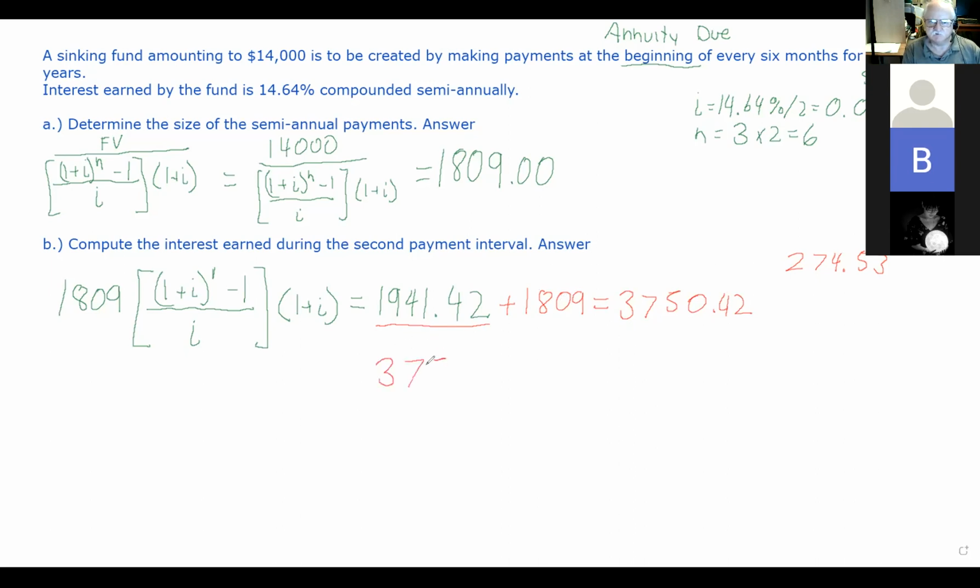So 3750.42 times I. And there's how they come up with 274.53. So being at the beginning of the payment period changes our calculation drastically because they get the interest on the payment, not just on the previous balance.